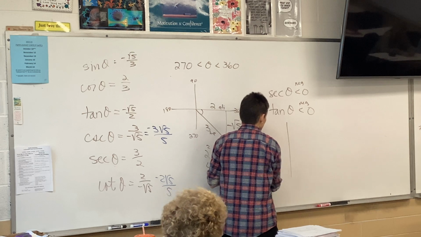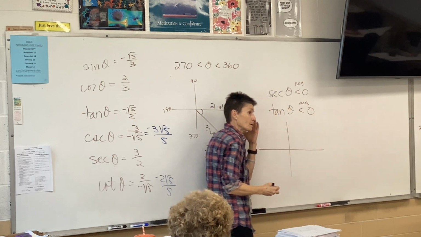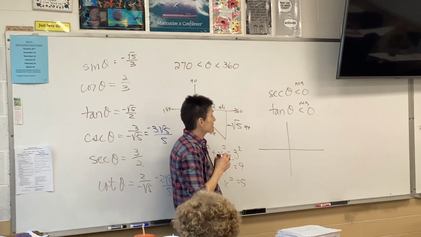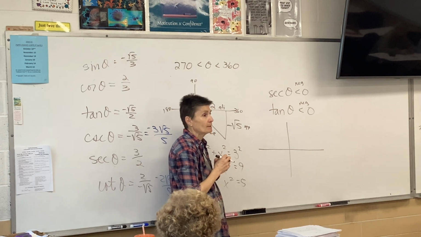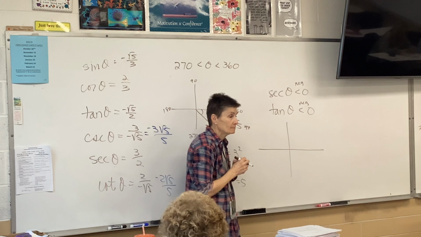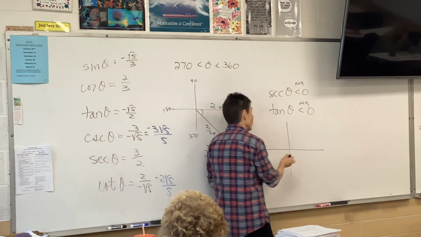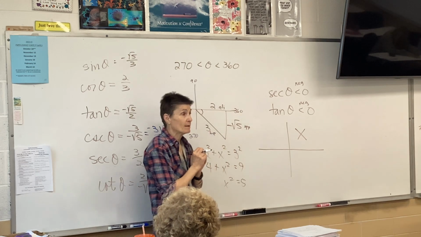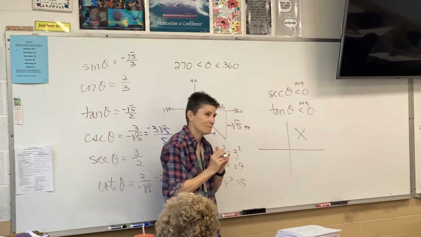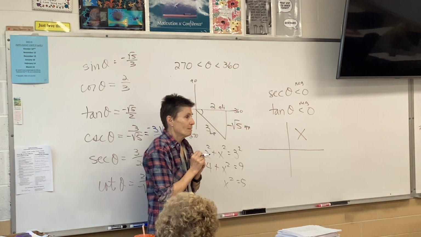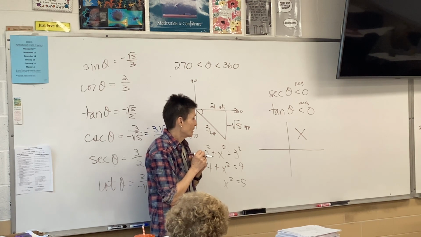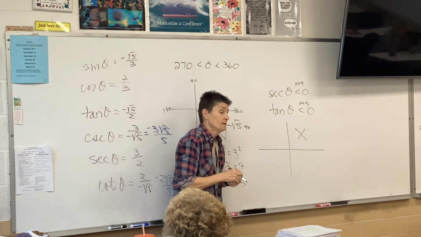So that means there's a quadrant out there that when you draw your triangle, secant and tangent are both negative. Now, I know it's not going to be quadrant 1. If they were both positive, it would be quadrant 1. But it's not going to be quadrant 1 because I got negatives. So pick a quadrant.